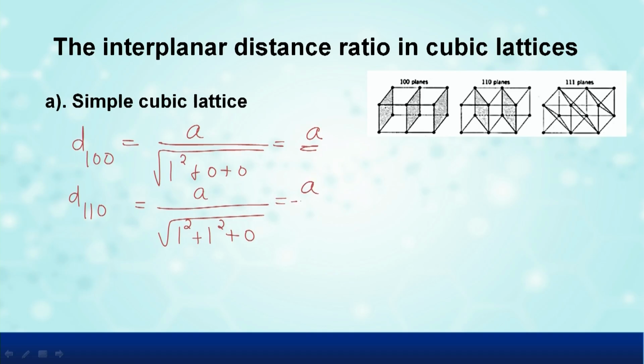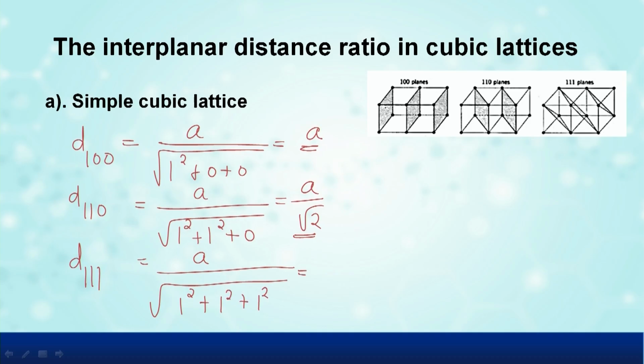So, A by root 2. Now, next is the D111 plane. So, that is equal to A by root of 1 square plus 1 square plus 1 square, which is equal to A by root 3. Okay. So, what will be the distance ratio?